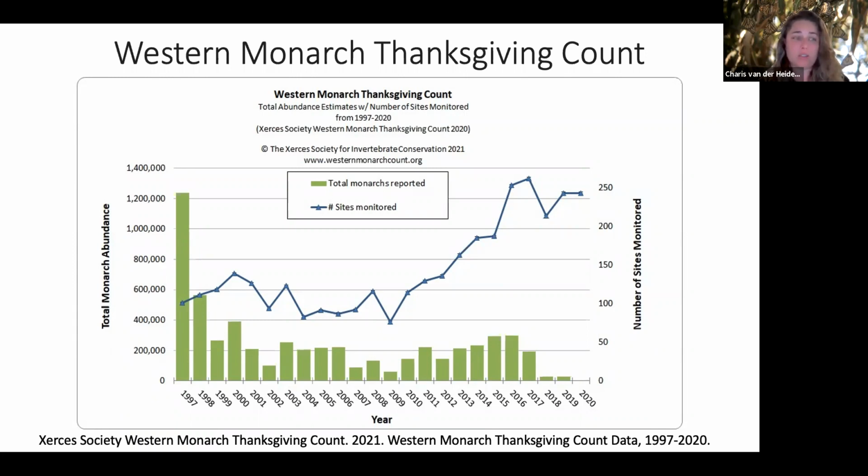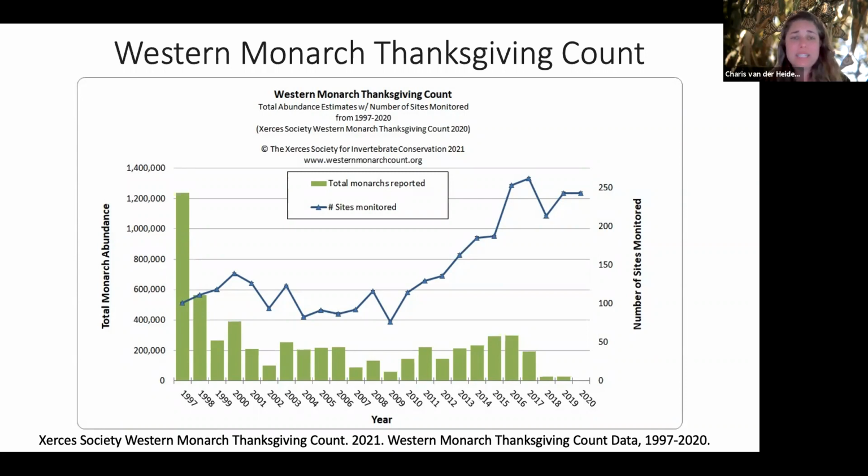So monarch volunteers survey as many of the 400 overwintering sites in California as they can every November and January. Our knowledge of the Western monarch population is due to the efforts of hundreds of these volunteers. And for the past decade or so, I've been coordinating the Western Monarch Thanksgiving Count for Santa Barbara County and training volunteers and counting a bunch of the sites together with these volunteers.